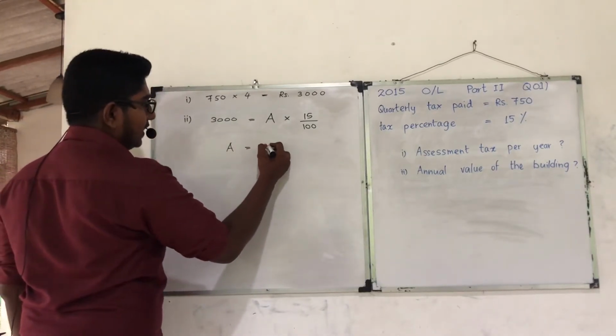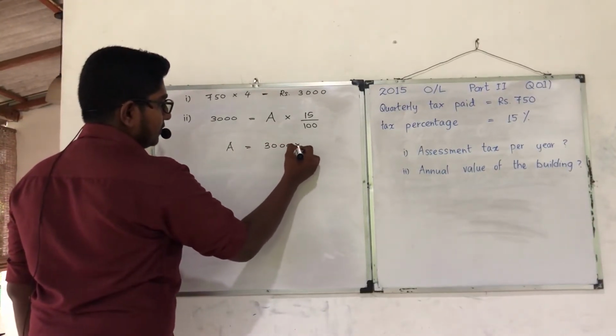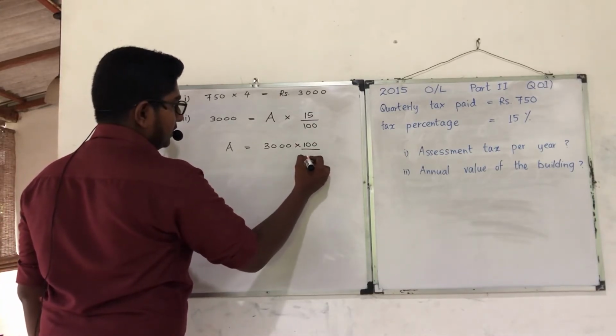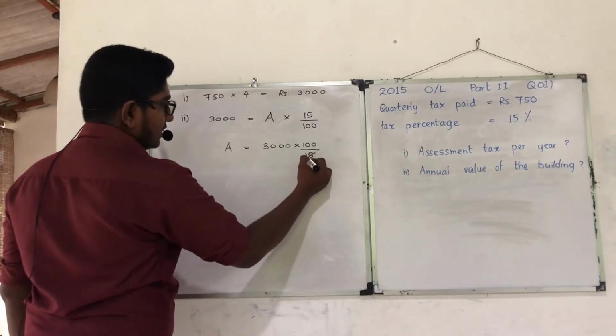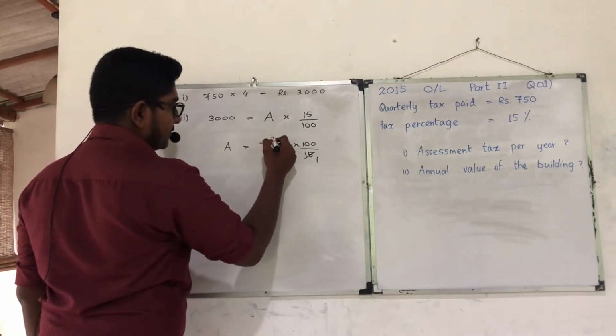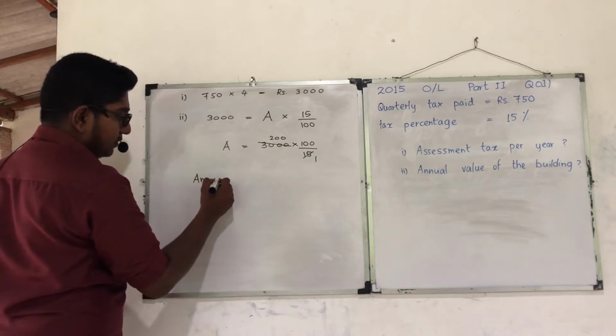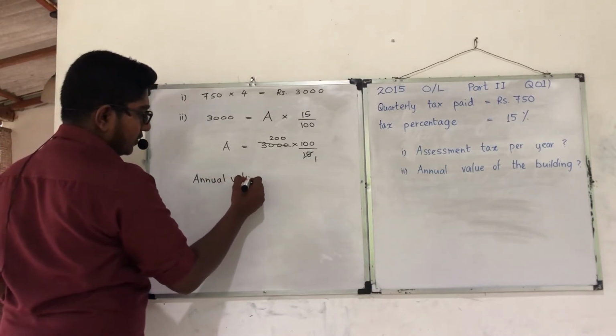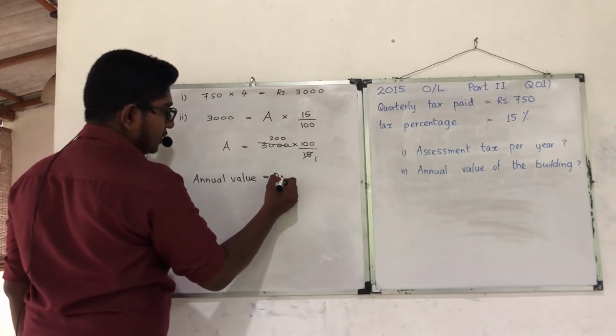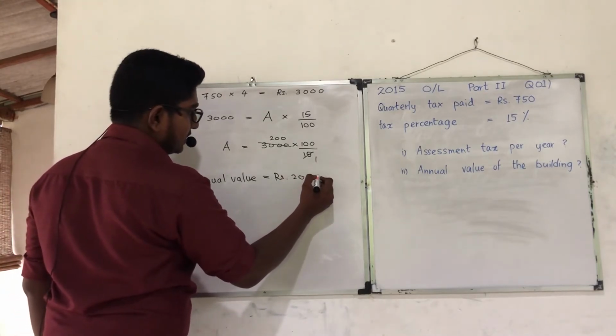When we make A the subject and simplify that, we will get the annual value or assessed value. In this question, our annual value is 200,000 rupees.